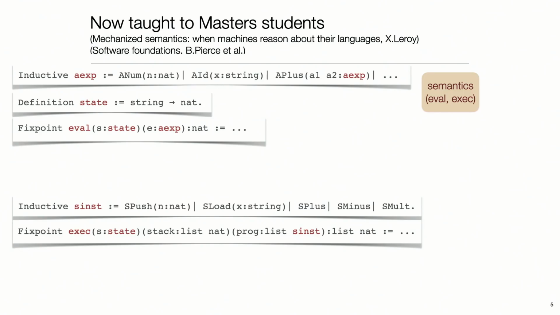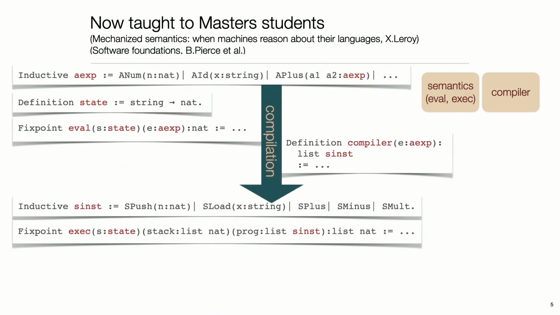A program is a list of instructions, and the semantics of the program is here as well described by a recursive function called exec. This function takes as input the state as eval does, and also the stack to store the intermediate results. Initially, the stack is empty, and at the end of the program, the stack is made of the final value returned by the program.